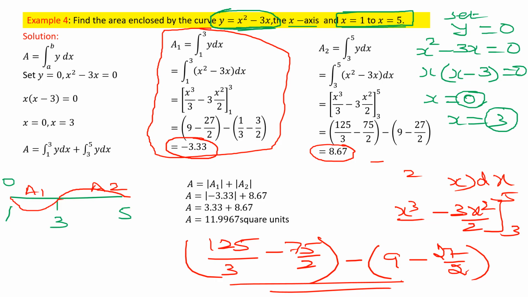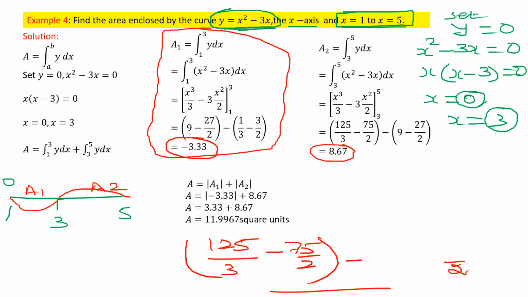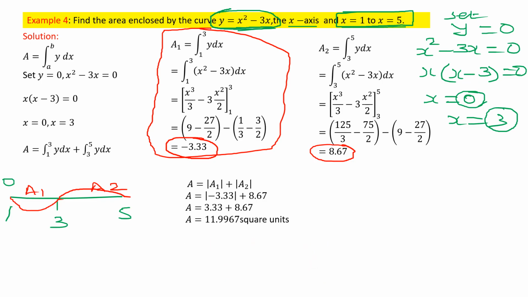Okay, so what is the final answer? The final answer is the addition of region 1 and region number 2. My region number 1 is A1 plus region number 2, A2. Remember, since we are calculating area, it is the absolute value of A1 plus the absolute value of A2.